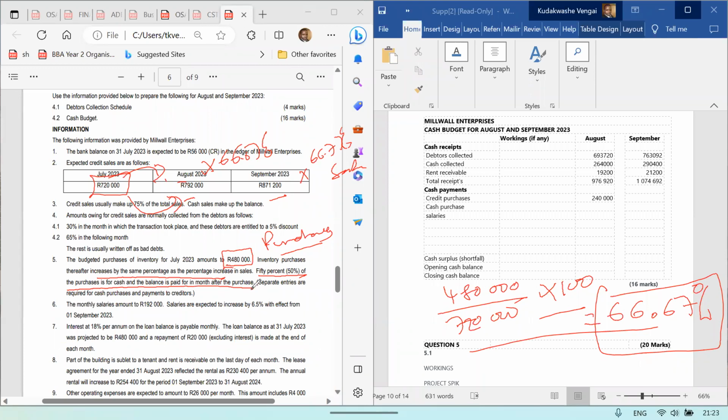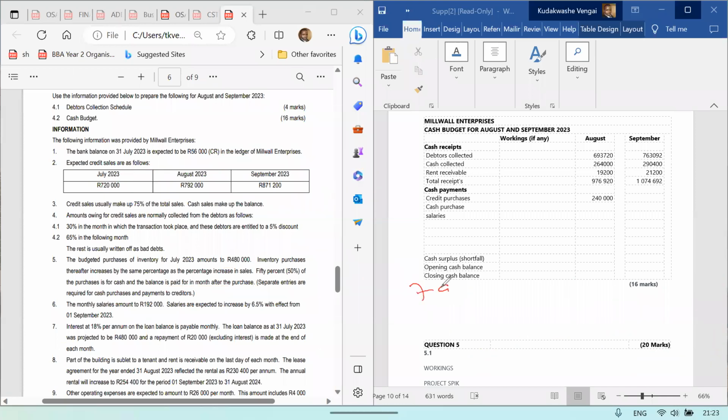So that's what we are simply doing here. We are taking 792,000 multiplied by 66.67%, and 871,200 multiplied by 66.67%, for us to get the purchases for the respective months before we see which were cash and which were not cash.